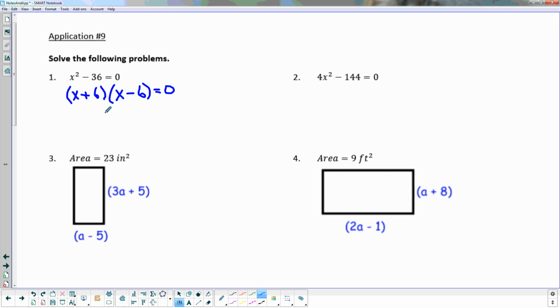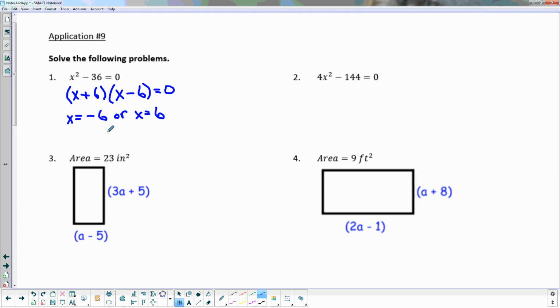So if I were to solve this now using my zero product property, I'd say x plus 6 equals 0 or x minus 6 equals 0. And when I solve those, I'm going to get x equals negative 6 from this one, or x equals positive 6 from this one.